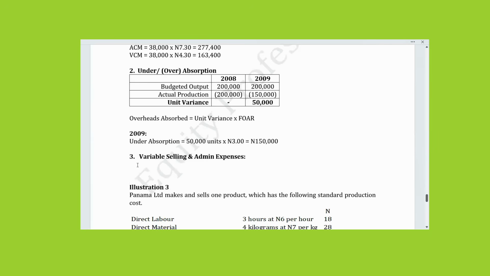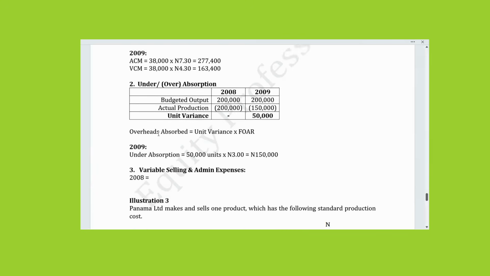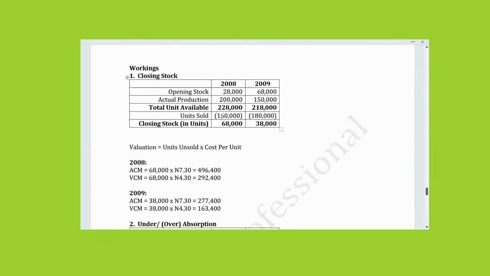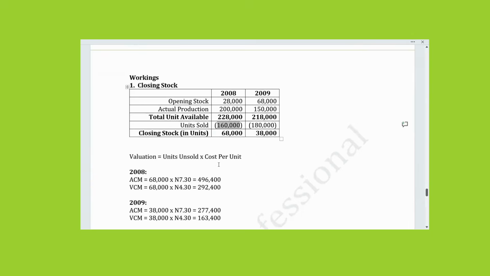So in 2008, variable selling expenses will be equal to, in 2008, how many units were sold? 160,000 units were sold in 2008.